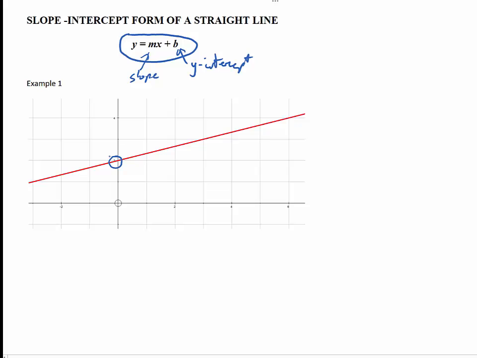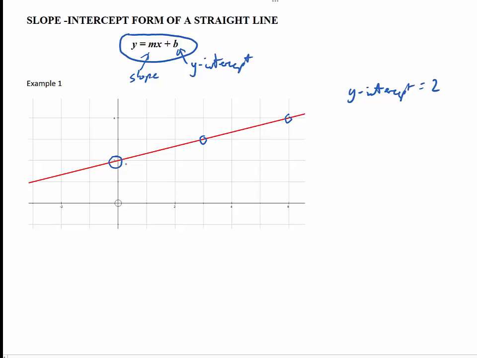So all we need to do now is find the slope. The slope is the rate of increase of the line. Starting at 0, 2, let's try to find another nice point where it meets the grid exactly. We can see there's another one here and another one here.